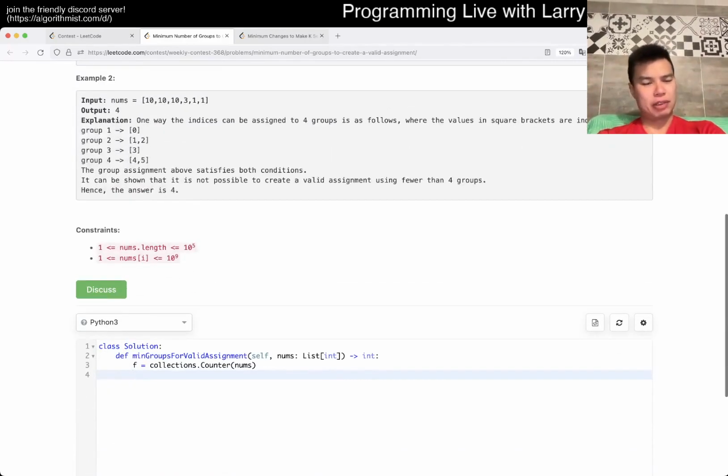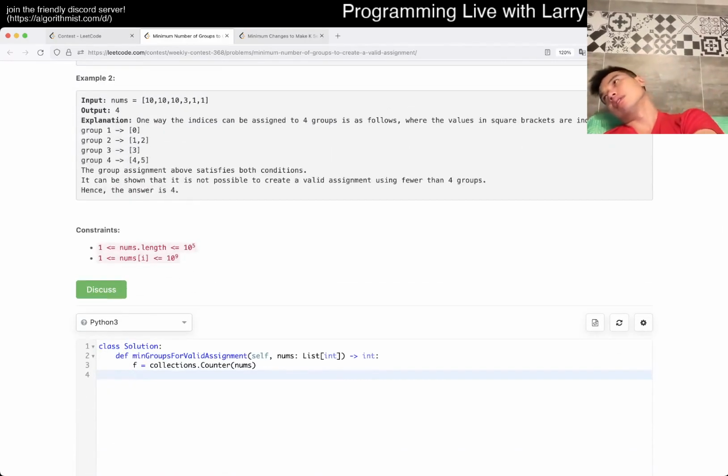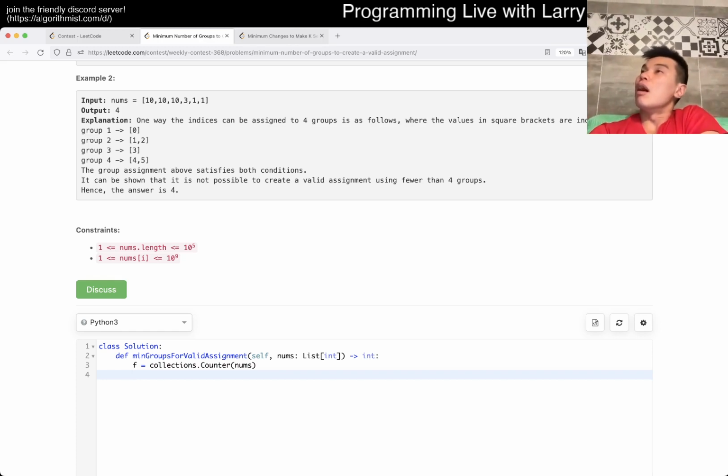So is it binary search? Because if it's too big, it's not possible. Is that always true? Well, too big is definitely not always possible, but if it's too small, is it always possible?